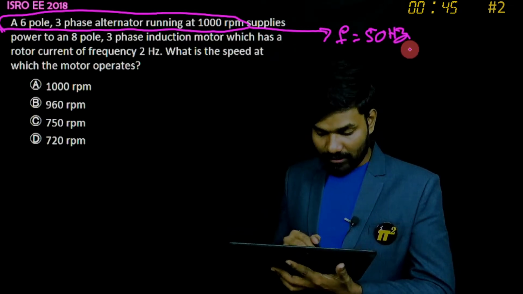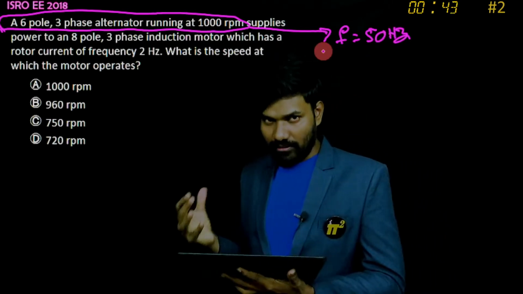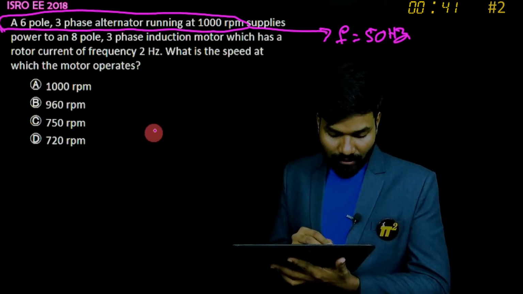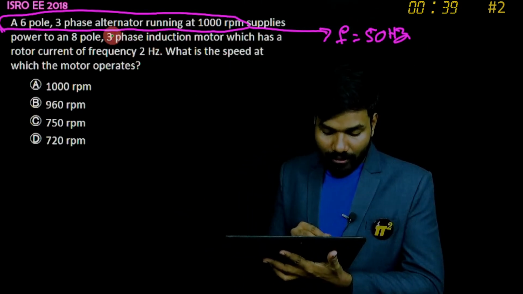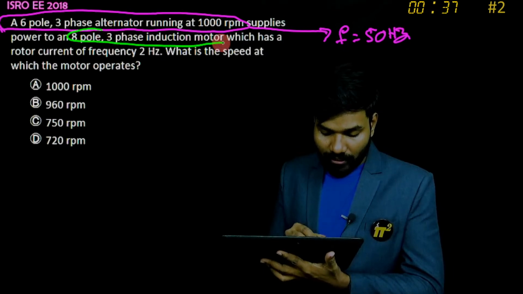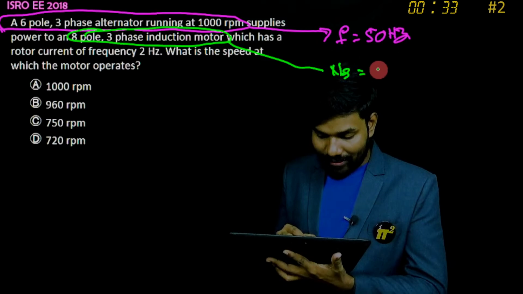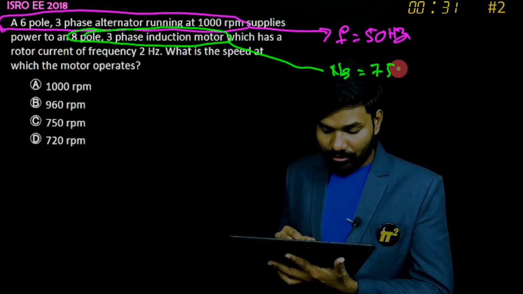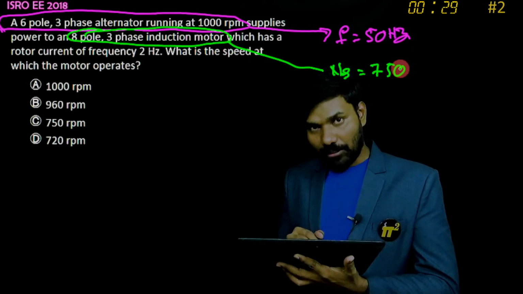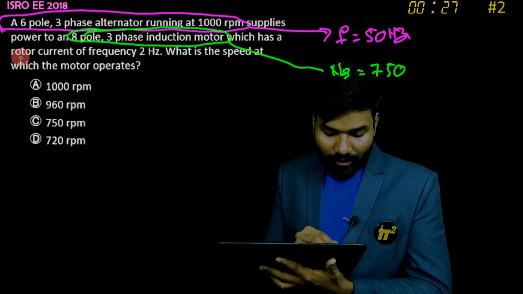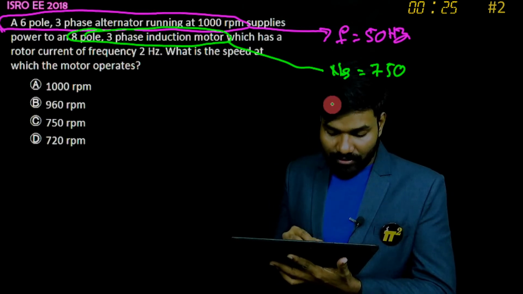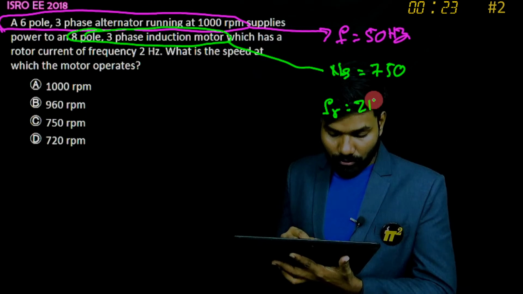The alternator is generating 50 hertz, and it is supplied to an 8-pole induction motor, so its corresponding Ns, if you calculate for 50 hertz, will be 750 rpm. Now rotor frequency Fr is equal to 2 hertz.